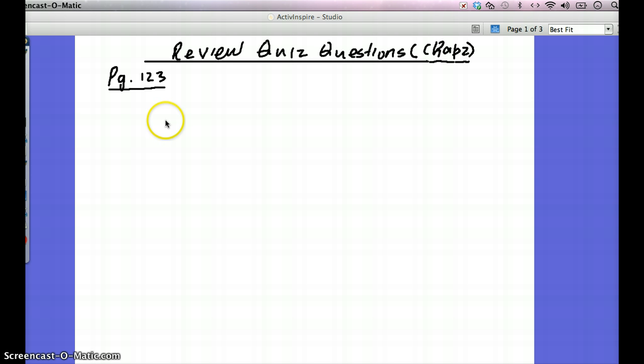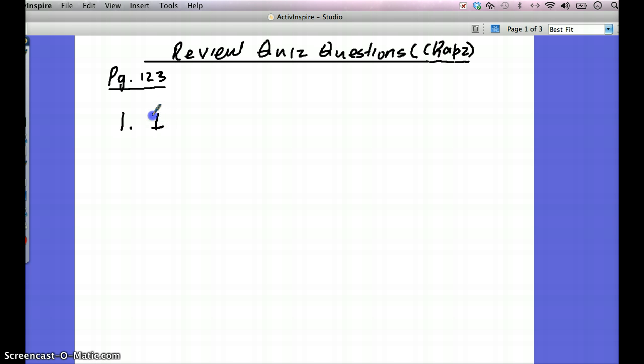Numbers 1, 2, and 3, these are the instructions. Match the statement with the property that it illustrates. Number 1, if segment HJ is congruent to segment LM, then segment LM is congruent to segment HJ.